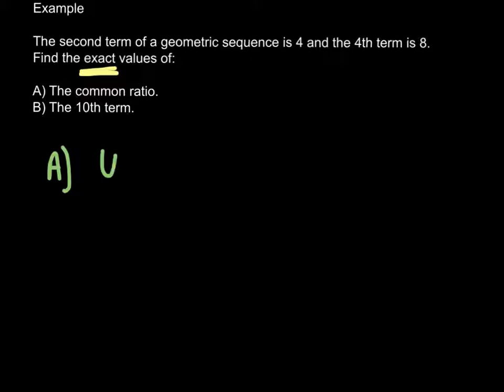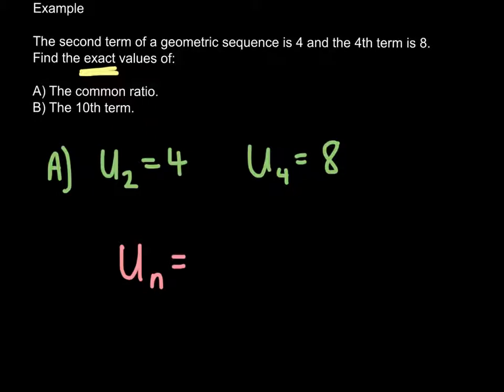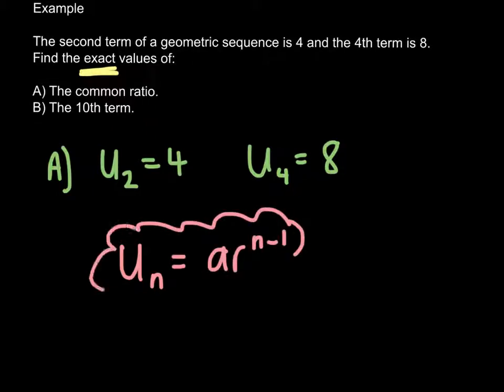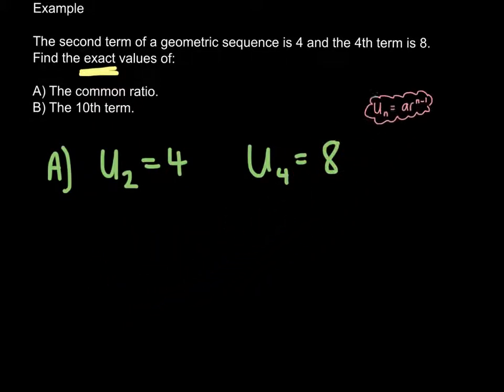Okay, so we're told that the second term, u2, is equal to 4, and we're told that the fourth term is equal to 8. Our nth term we know is AR to the power n minus 1, so just stick that up there as a reminder.